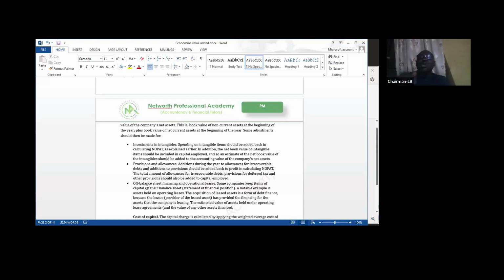We are reducing provision. In this case, you are going to deduct. It's a bit of trying to understand the concept behind EVA.